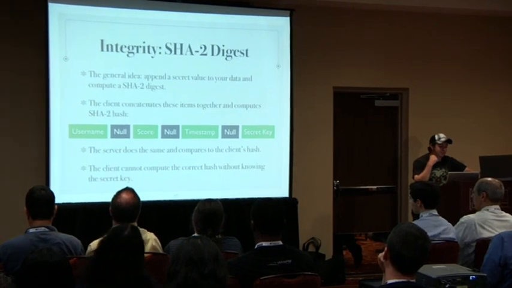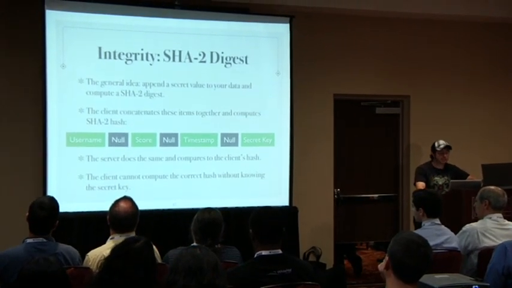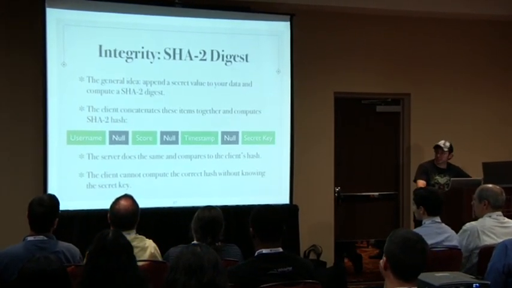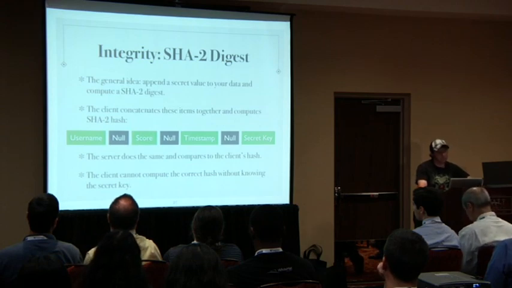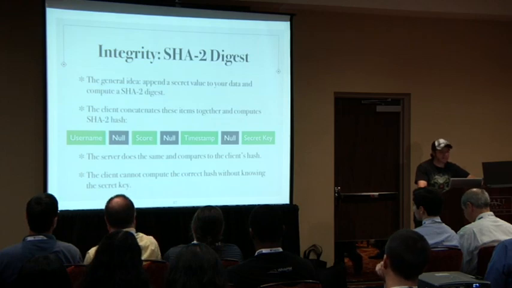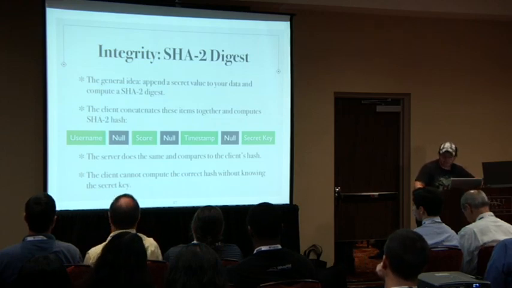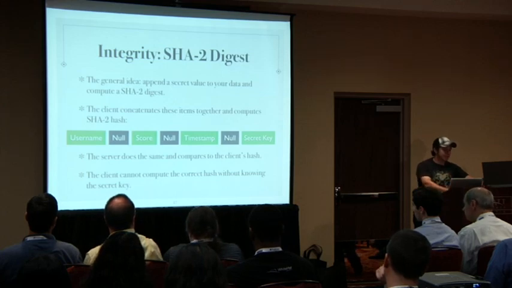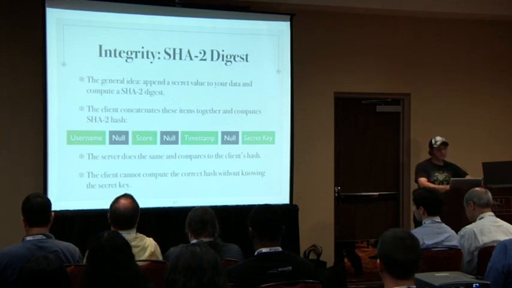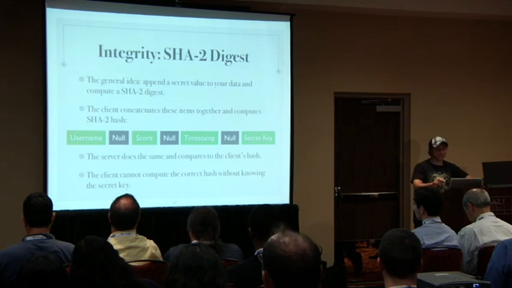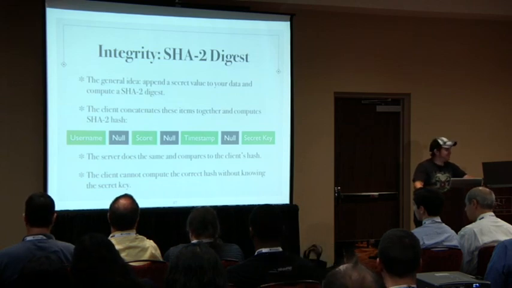So the general idea is that we're going to append a secret value to the data before we compute the SHA-2 digest. We're going to hash it, and that's going to provide a unique mapping to the data. So the client's going to concatenate username with a null byte, the score with a null byte, the timestamp with a null byte, and a secret key, which in our case is literally the word secret key.